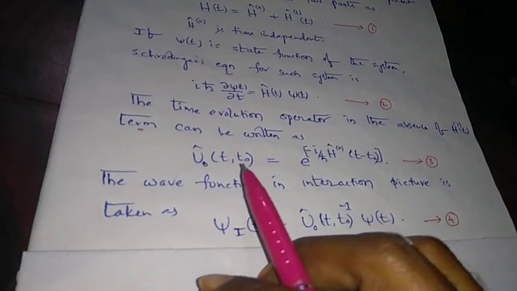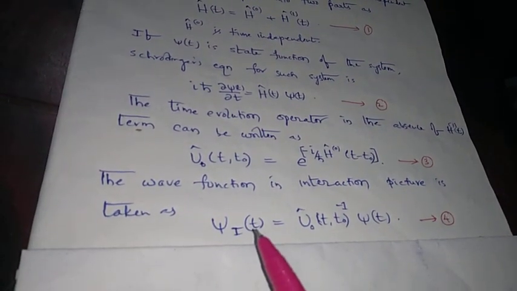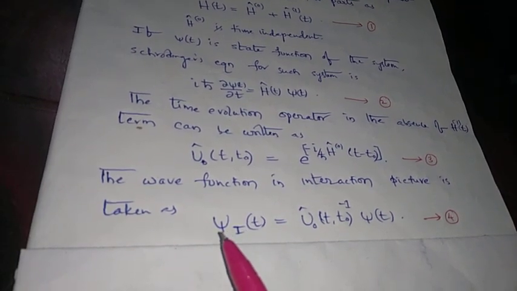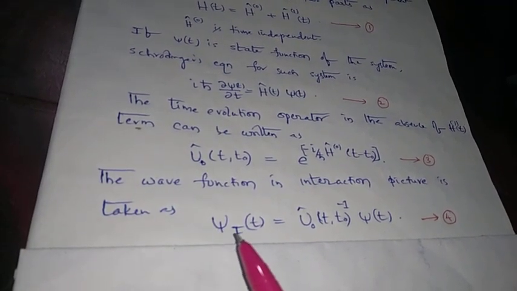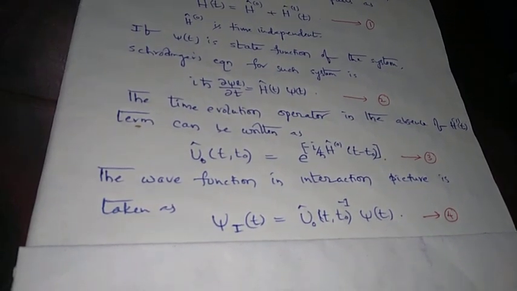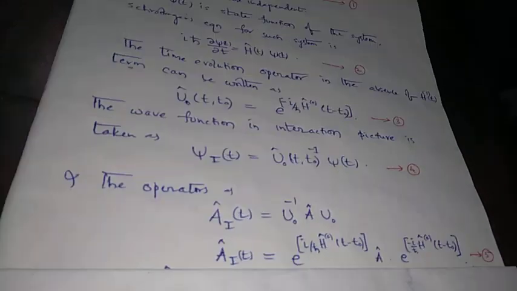By using this U, we define the wave function in interaction picture as psi sub I t equals U inverse into psi t, and we call this equation number 4.